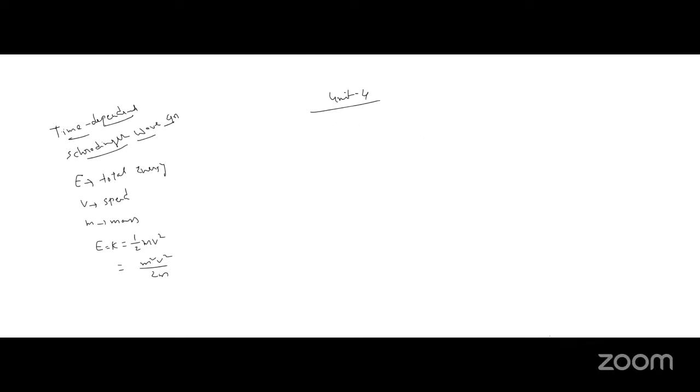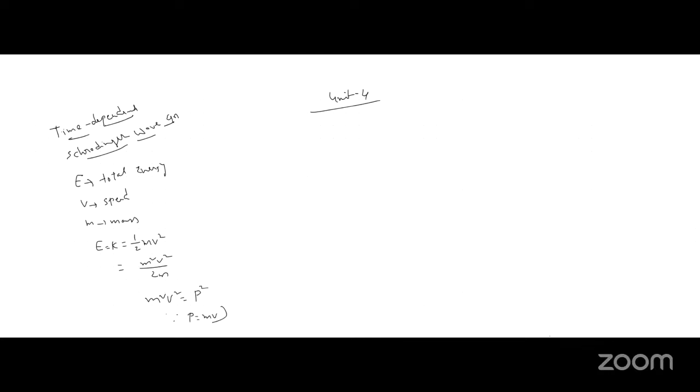So multiplying and dividing with mv, we get m square v square by 2m. Consider m square v square is equal to p square, because we have p equal to mv.